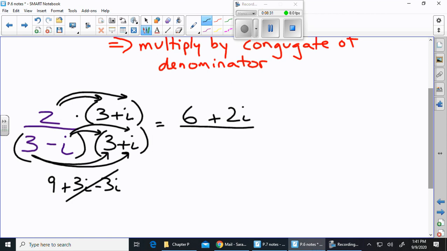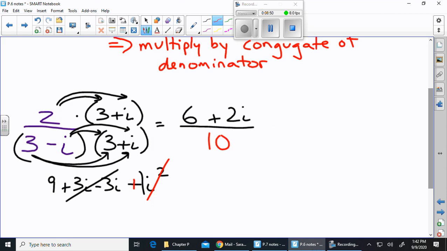So really, you're just doing the first times the first, the last times the last. If we think of that, minus 1i squared, so you get rid of that. 9 plus 1 is 10.